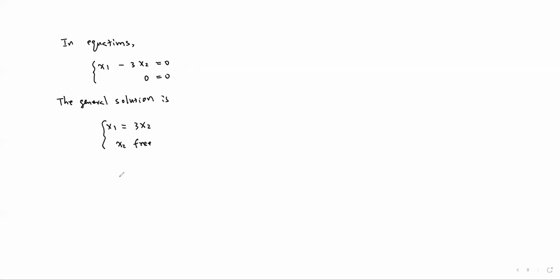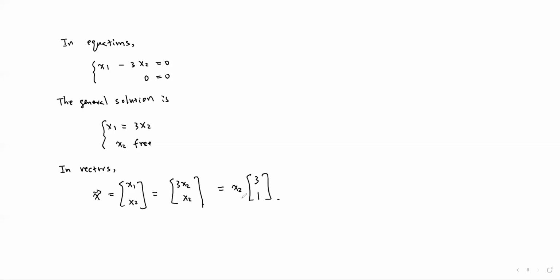And also eigenvectors. But an eigenvector is a vector. So write the solution in vector form, okay? In vectors, the solution is this, x1, x2. Now plug in the first equation for x1, then take out x2.